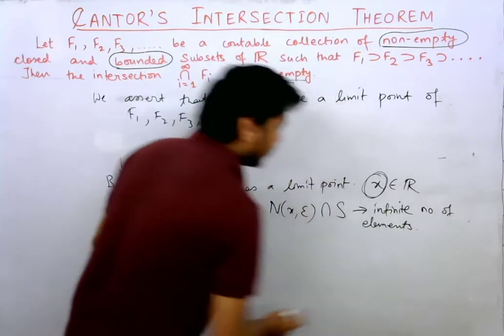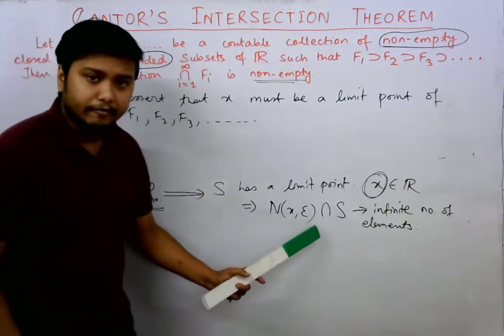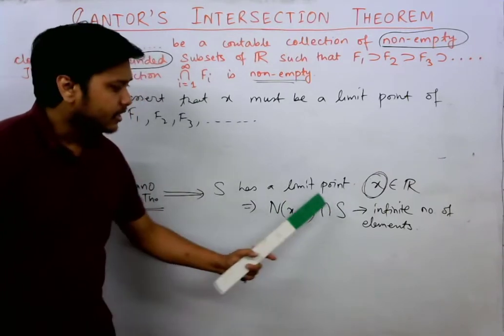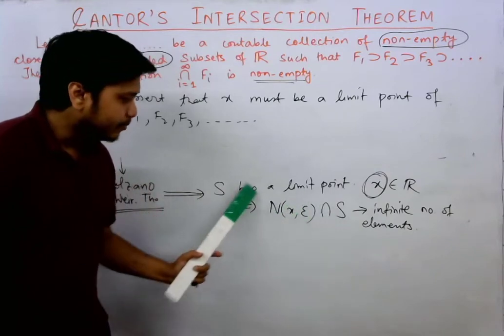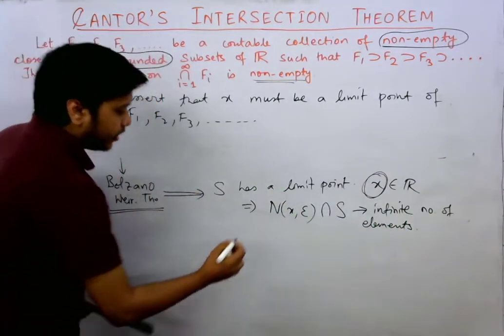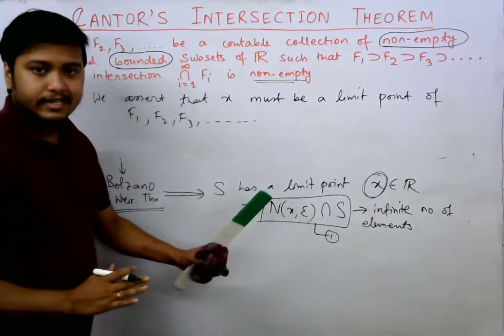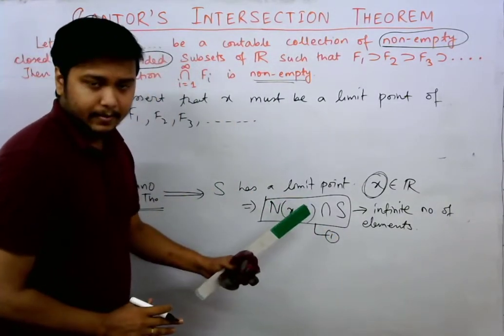This comes directly from the definition of limit point. Now I'll box this and I'll call this 1 because I'll require this later on. So the moment I write 1, remember this line.